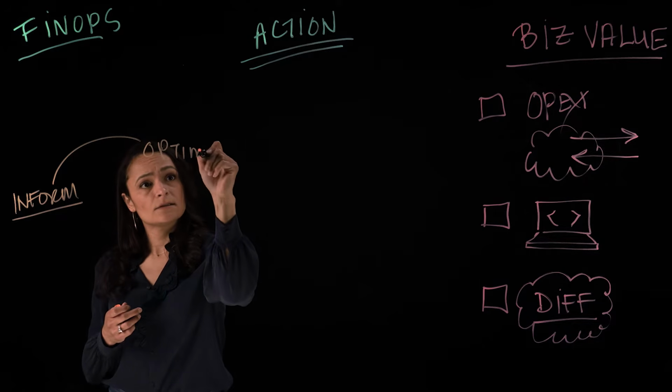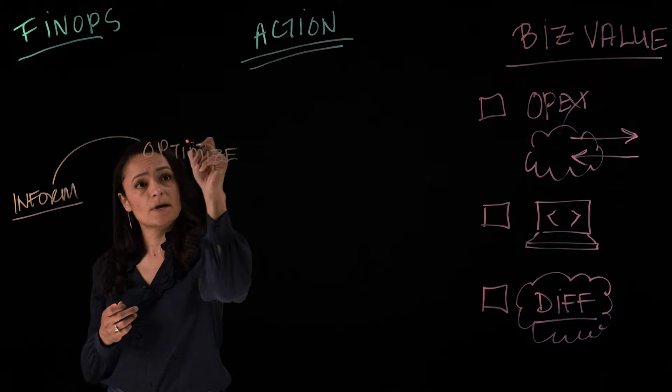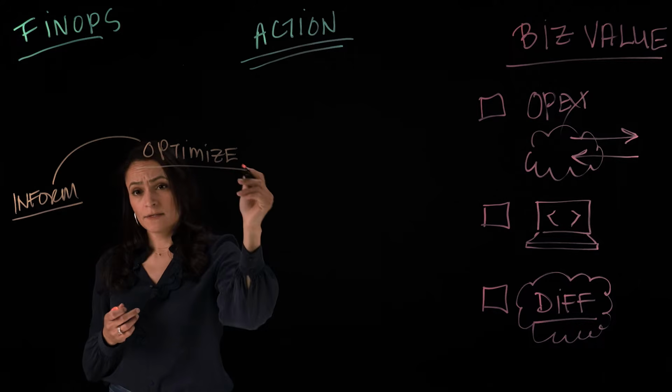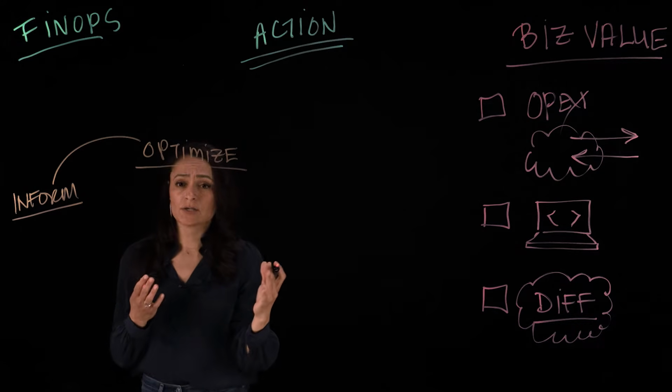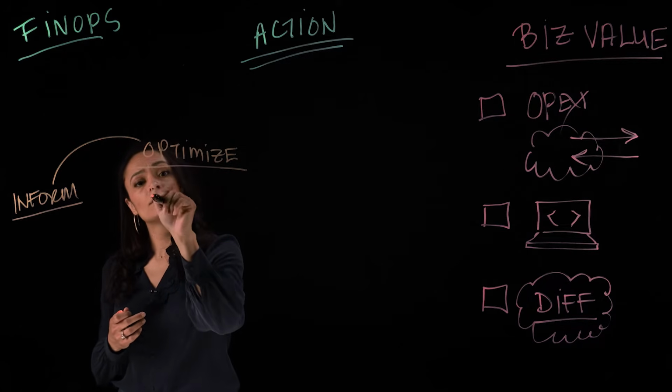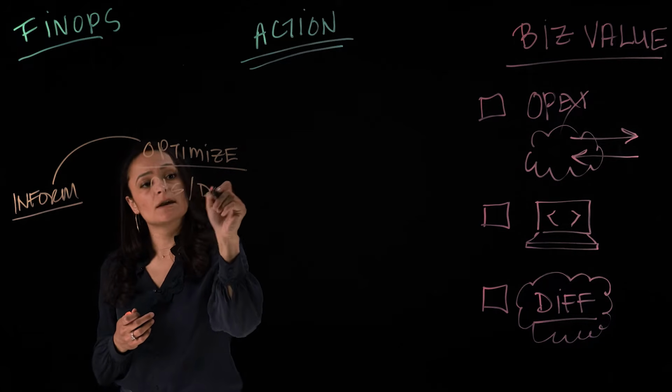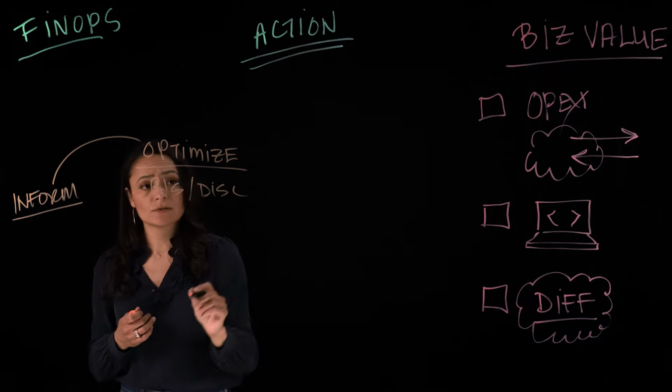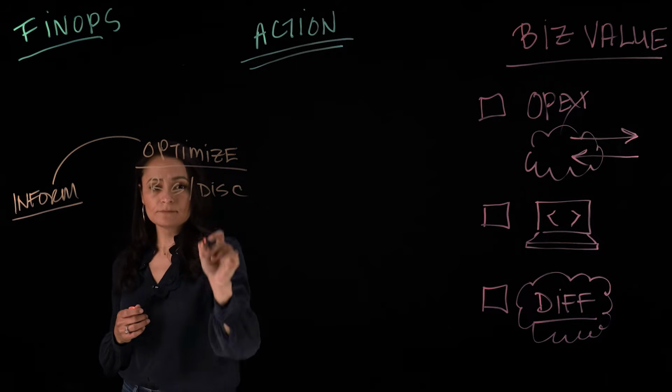The second is optimize. This is about actually giving applications the resources they need when they need it, and leveraging ROIs and discounts to further drive those efficiencies.